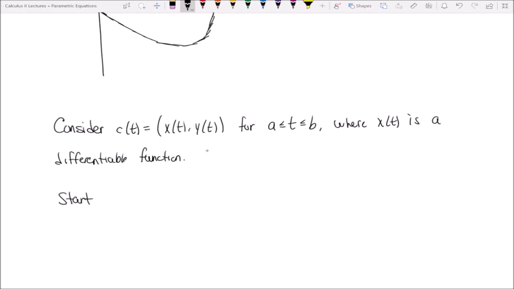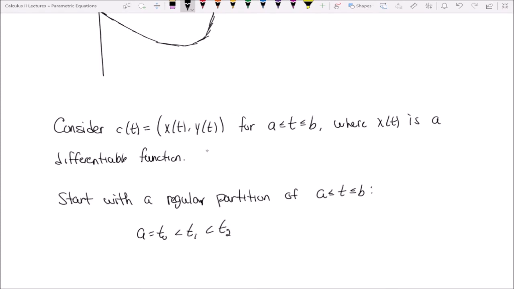What we're going to do is start with a regular partition of this interval. In other words, we're going to get a = t0 < t1 < t2, and so on and so forth, until we get up to tn, which is equal to b.